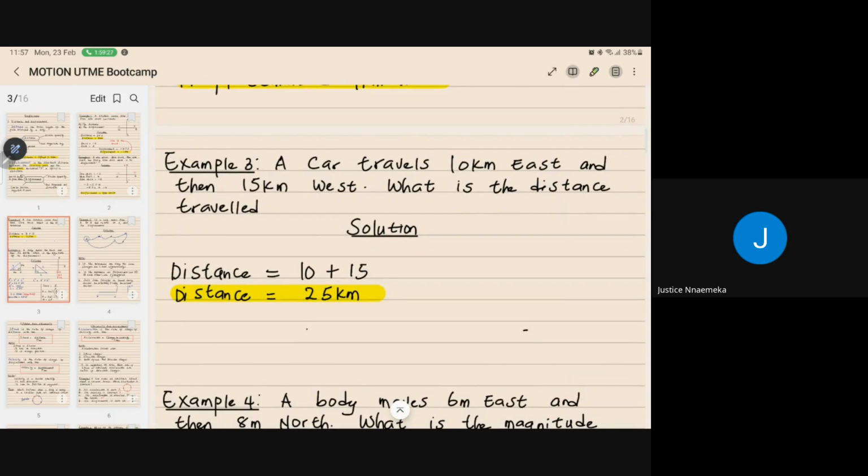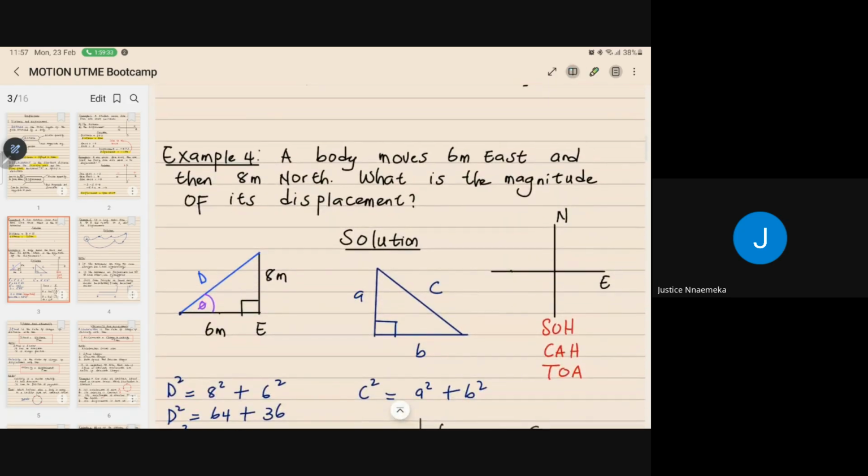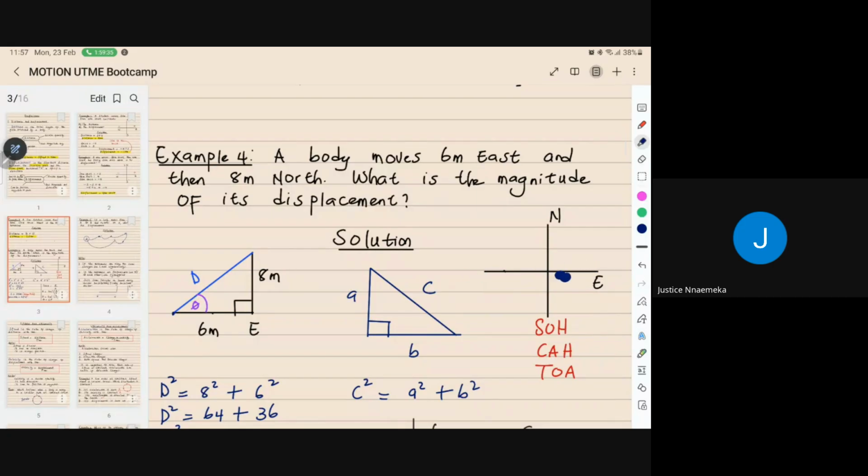Then we also have an example where you move to the east and to the west, but the distance is the total length traveled. Now we have our example 4. This is the case where he has left the straight line. He's no longer traveling on west and east, or north and south. It is now moving from west to north, or from east to north, or from south to west. You understand? You've changed your cardinal points.